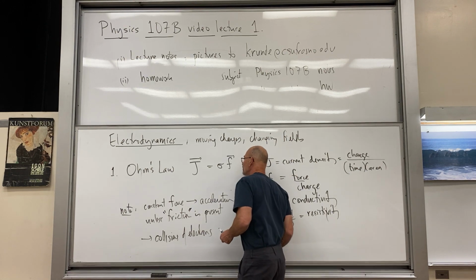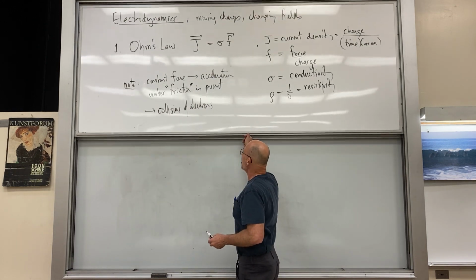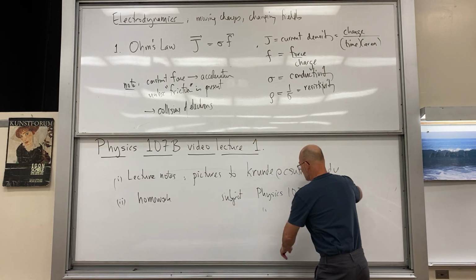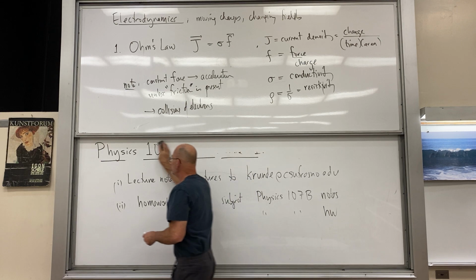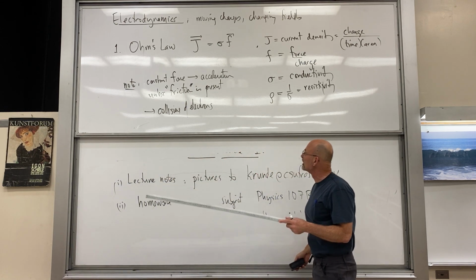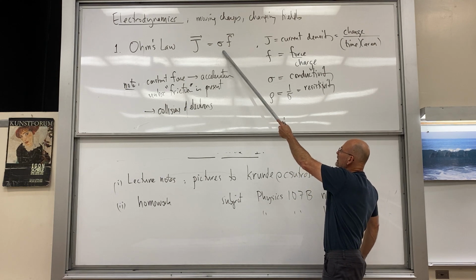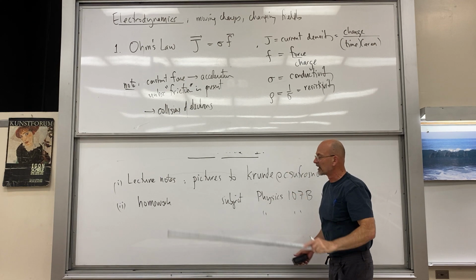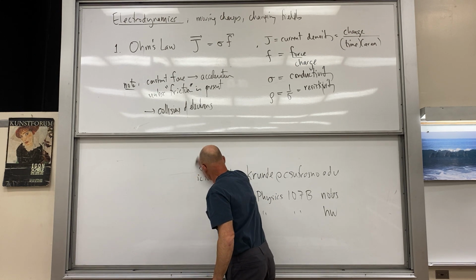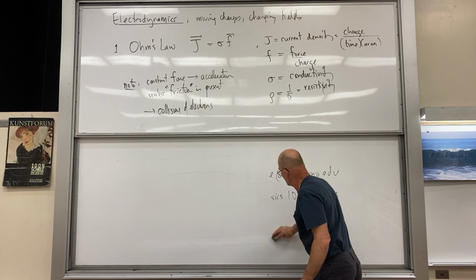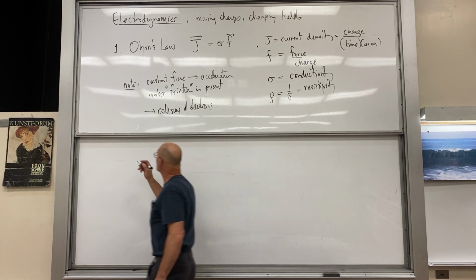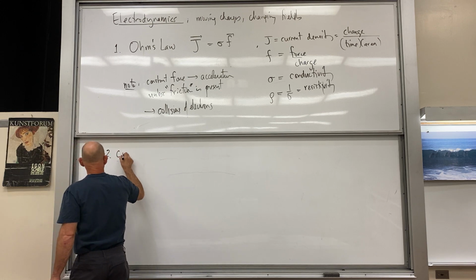So let's just have a look at that. Kind of a qualitative thing. That will give us sort of a handle on this conductivity. So we could call this the conductivity atomic model.